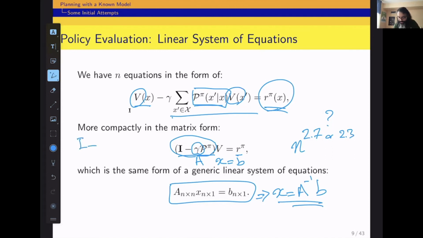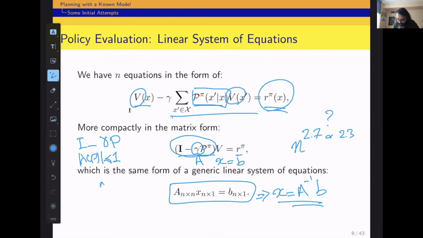Remember that if a matrix is singular, it means that there is an eigenvalue that is 0. But in this case, it can be shown that all the eigenvalues of P are within the unit circle, so all of them are smaller than 1. They can be complex, but they're all smaller than 1.